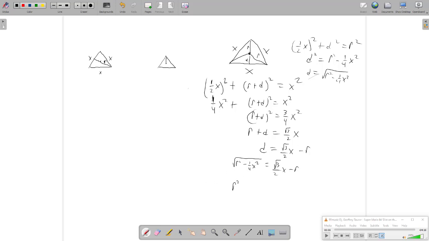Square both sides, r squared minus 1/4 x squared equals 3 over 4 x squared minus, let's see, 2 times square root of 3 over 2 times r, so square root of 3 over 2 xr, and then plus, oh, that'd actually be a positive 2.